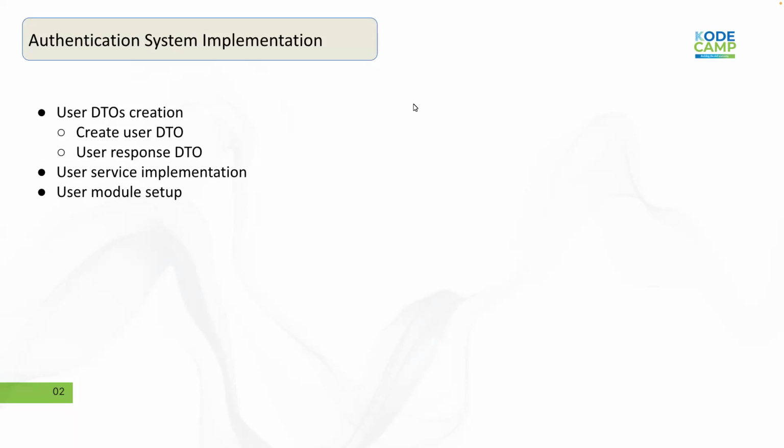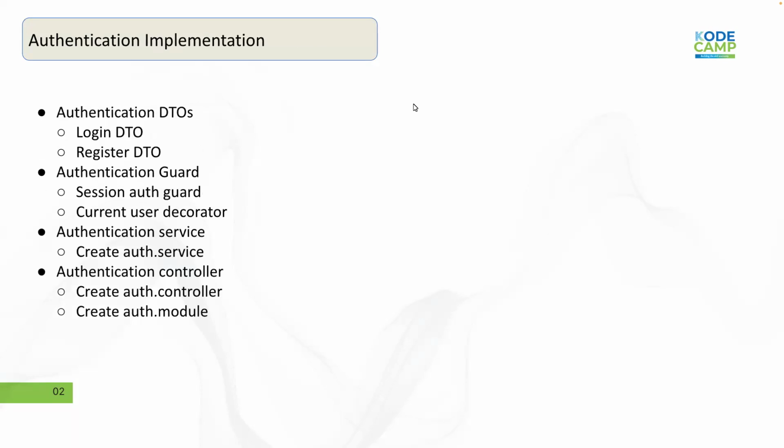We continued from there to create the authentication system, created the user details, implemented the user service and user module. We also implemented actual authentication by creating authentication details, created the guard, service, and controller.